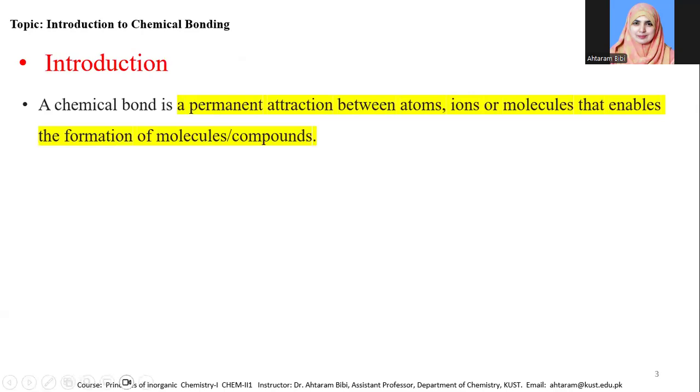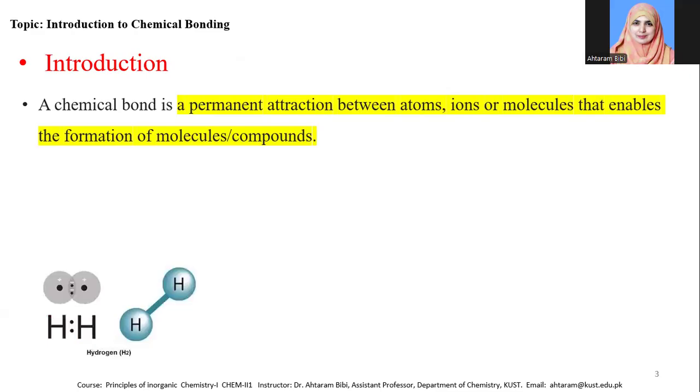A chemical bond is a permanent attraction between atoms, ions, or molecules. And when they interact with each other, they form different types of molecules or compounds. For example, we can see over here the hydrogen molecule, in which two hydrogen atoms share their electron because hydrogen has only one electron in the valence shell.